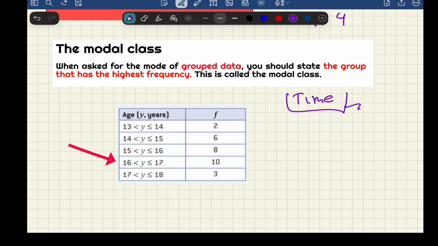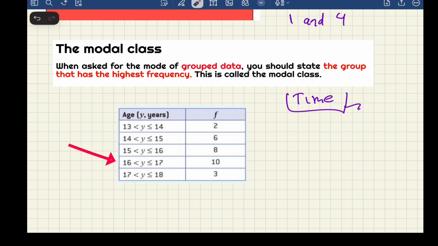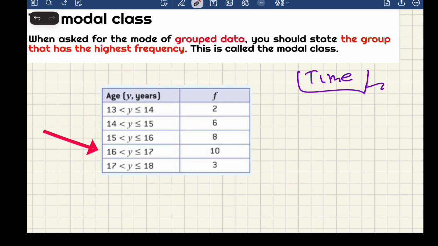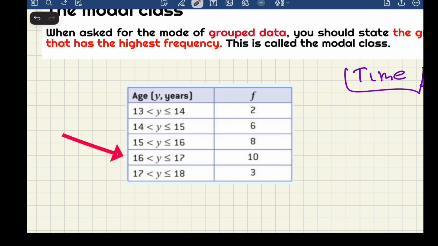Because we have time and it's something that we can measure, we are going to use intervals or ranges to represent this data set. For example, if we have ages using number of years, we can say we have between 13 and 14 years, we have 2 people.